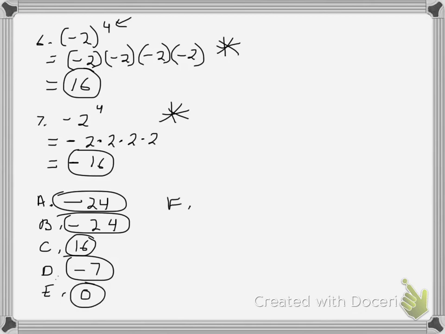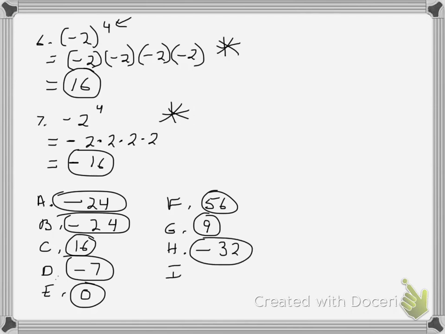F says, a negative times a negative, my answer will be positive, and 8 times 7 is 56. G says, negative times a negative, my answer is positive, 1 times 9 is 9. H says, positive times negative, my answer is negative, and 4 times 8 is 32.